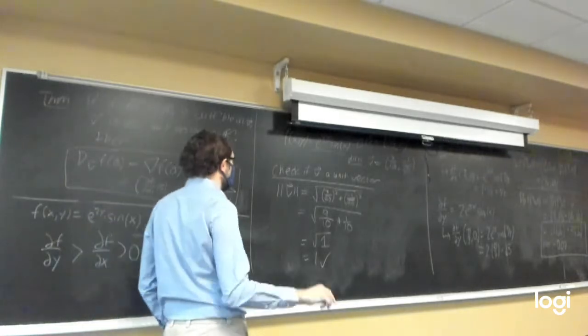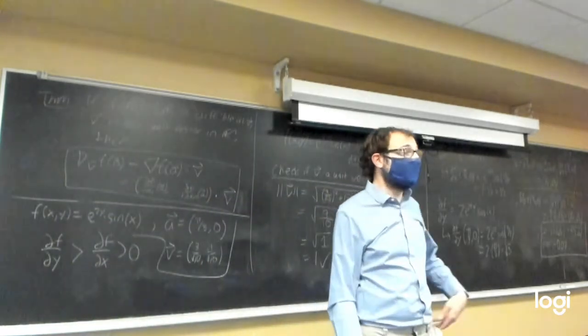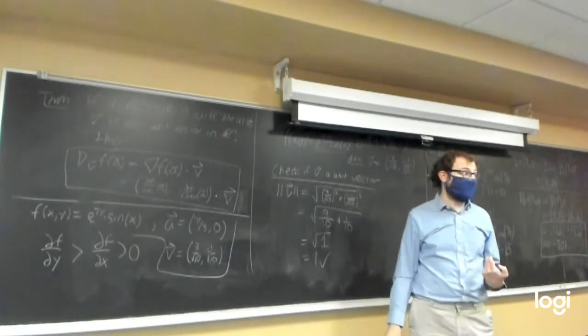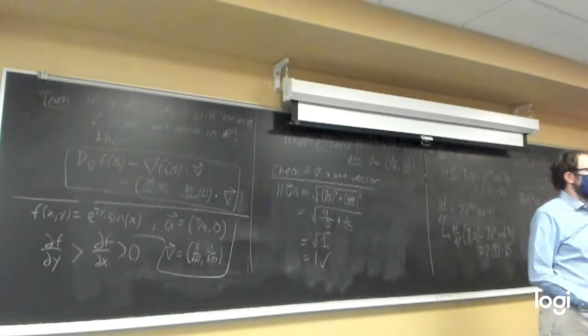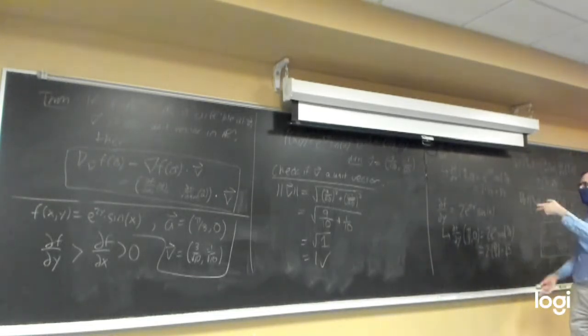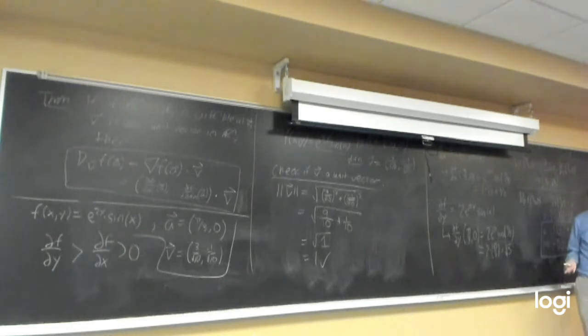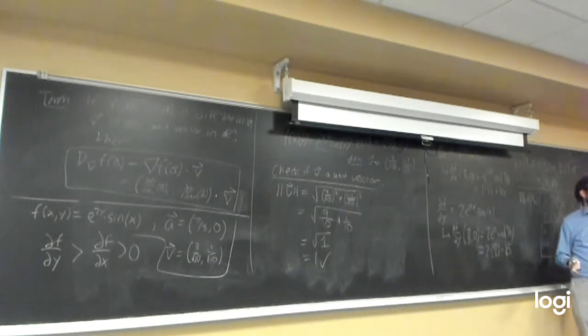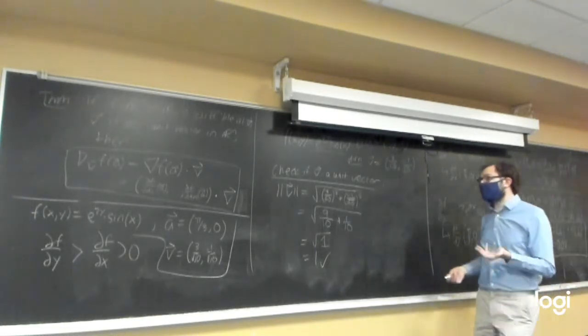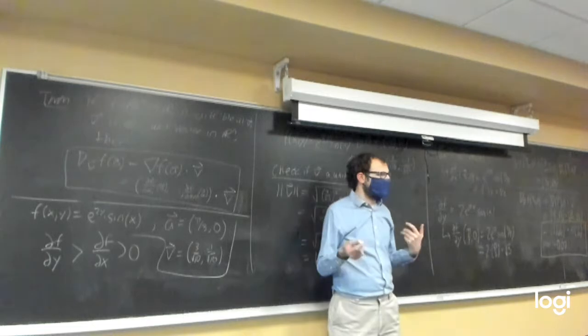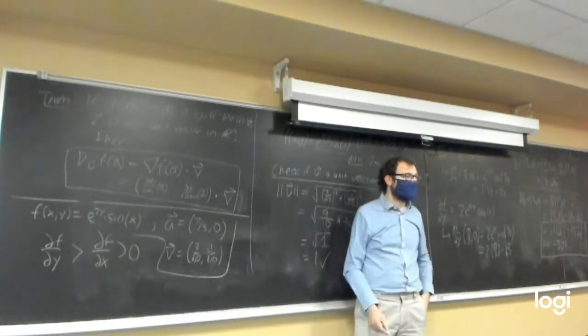Checking whether or not a vector is a unit vector, that's also something we discussed way back in standard 2. So none of the techniques we used were new, but the idea of finding a slope in directions other than the positive x-axis or positive y-axis using this formula was the new thing about this problem.